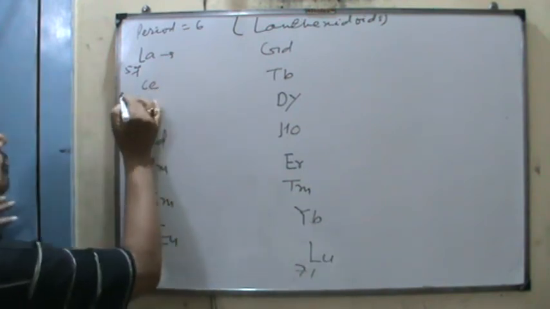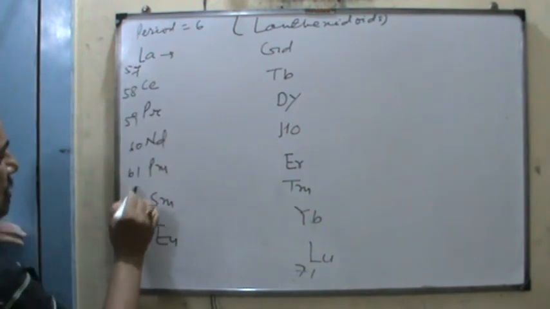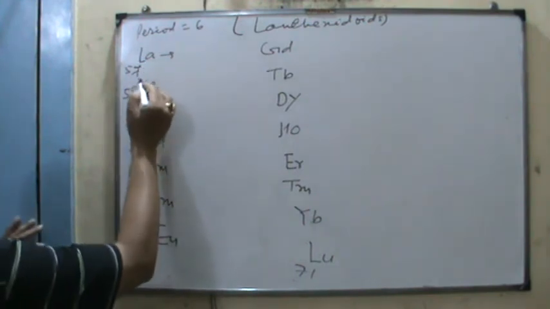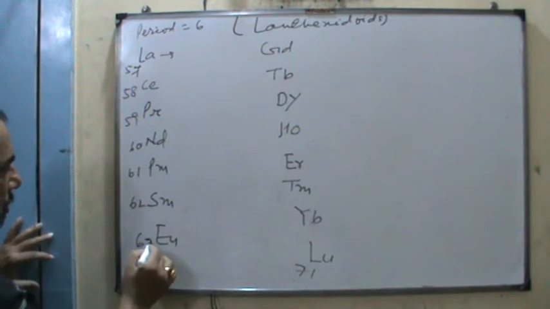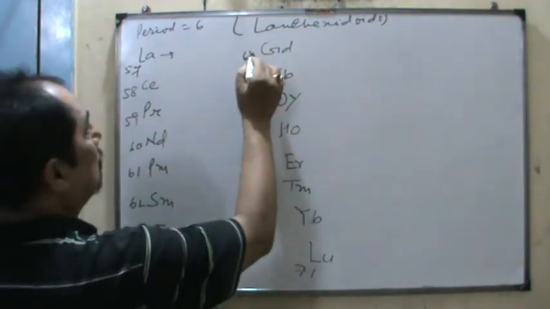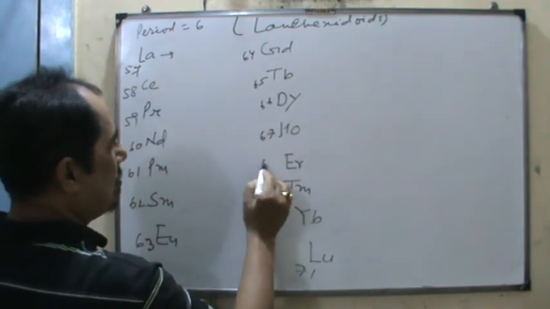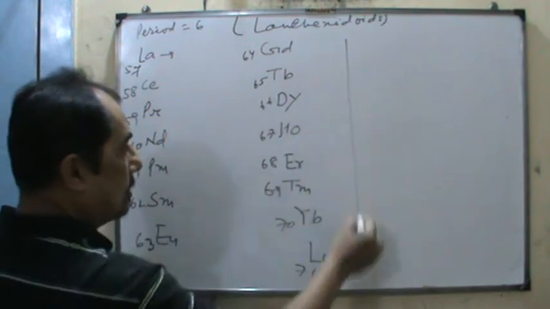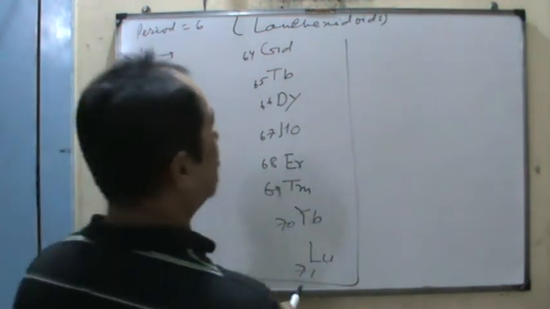57, 58, 59, 60, 61, 62, 63, 64, 65, 66, 67, 68, 69, 70 and 71. These are the members of lanthanoids.